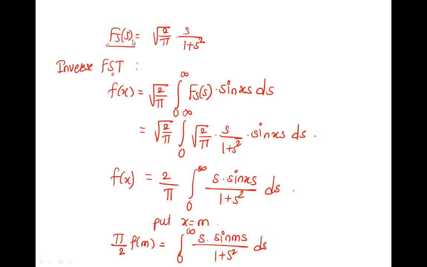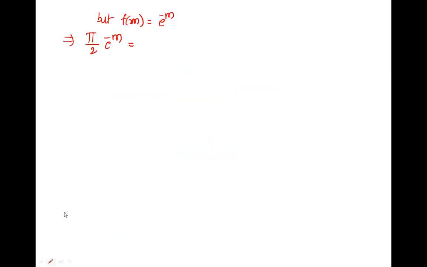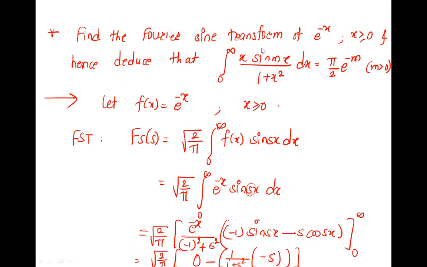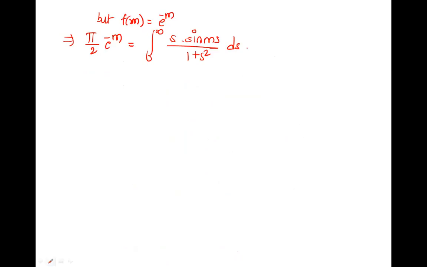So pi by 2 into e raised to minus m is equal to the integration as it is, 0 to infinity s sine ms upon 1 plus s square ds. But there is no s, there is x. So now we can change the variable s by x inside the integration.